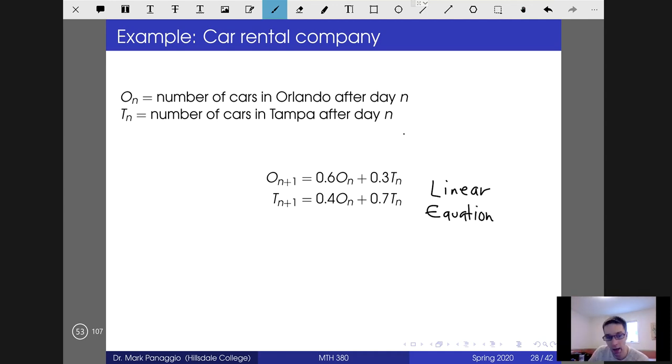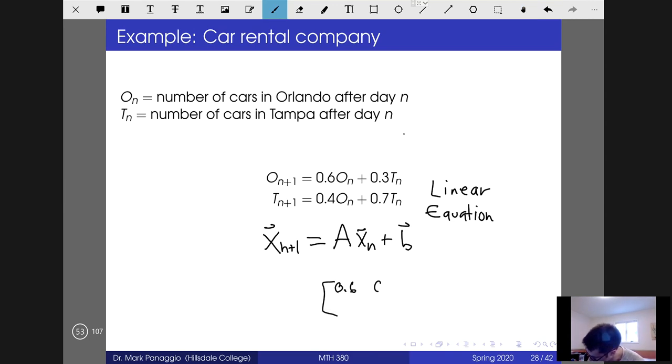And more generally, linear equations can be written in the form xn plus 1 equals some matrix A times xn plus some constant vector B. In this case, we actually don't have a vector B, but we can find a matrix A if we take those coefficients and put them in a matrix: 0.6, 0.3, 0.4, 0.7.